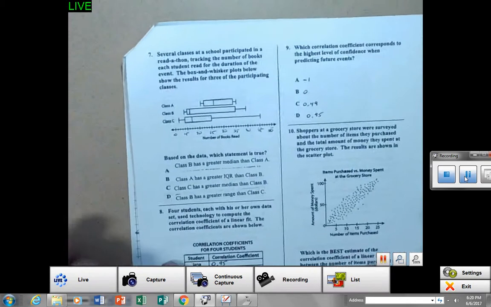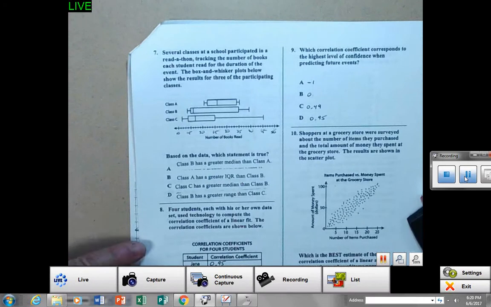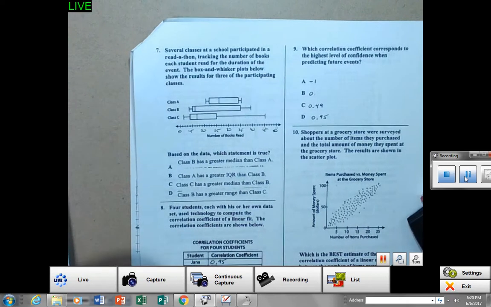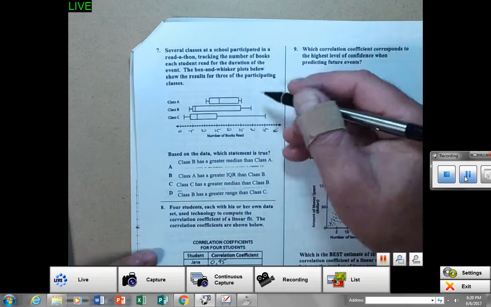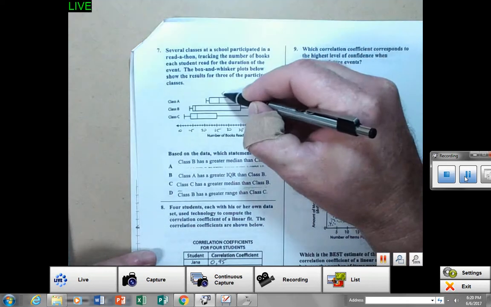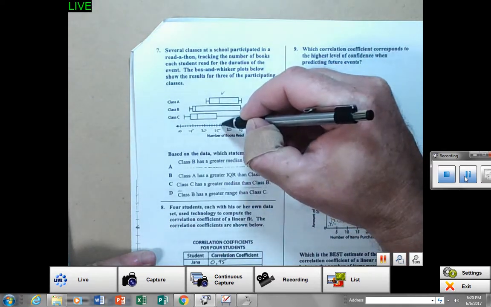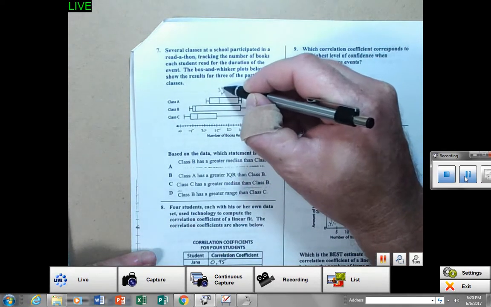For this, it says, based on this data, which is true? Looking at my medians, or this number right here in the middle of the box, Class A looks like it's right about maybe 26.